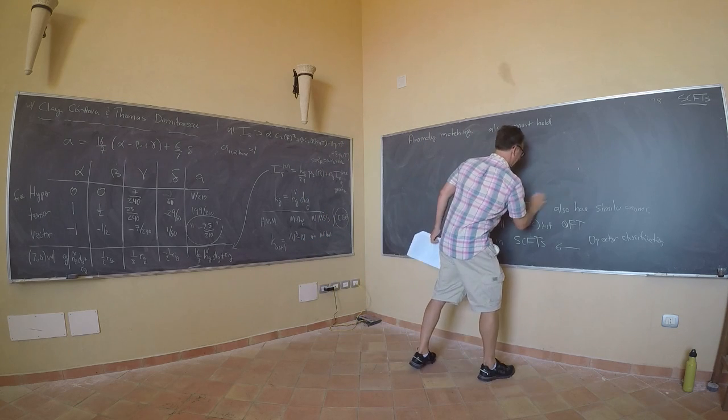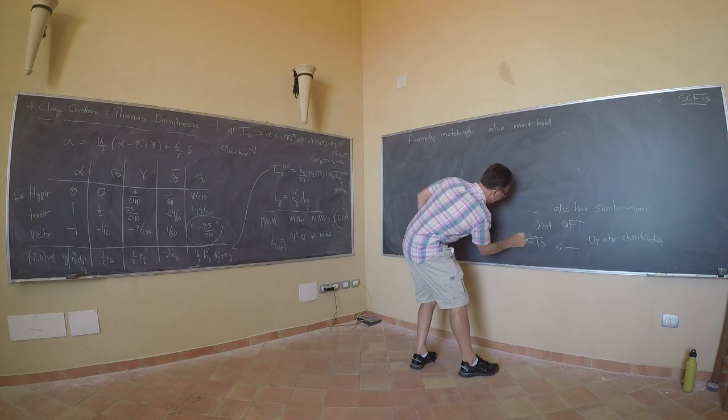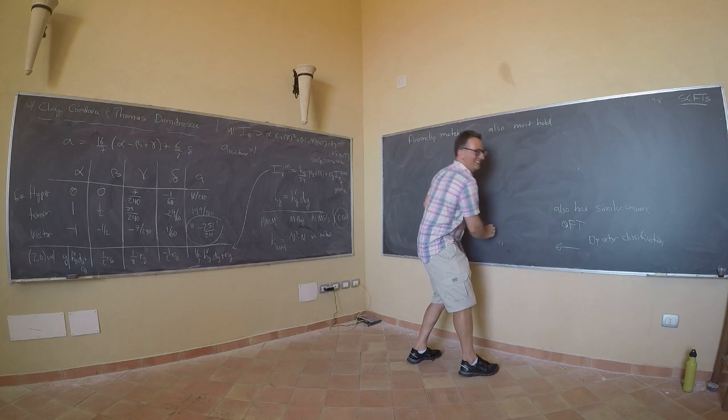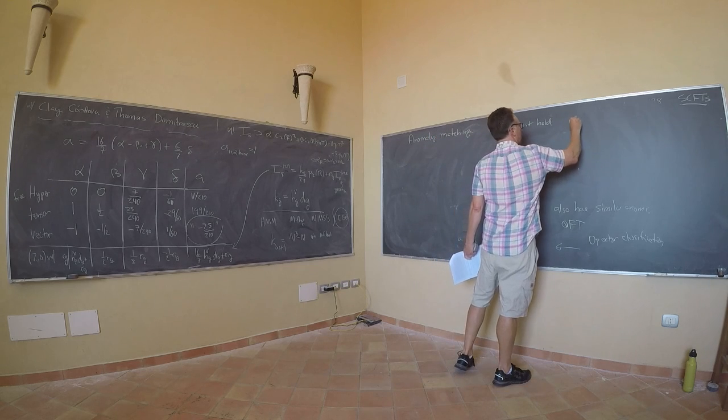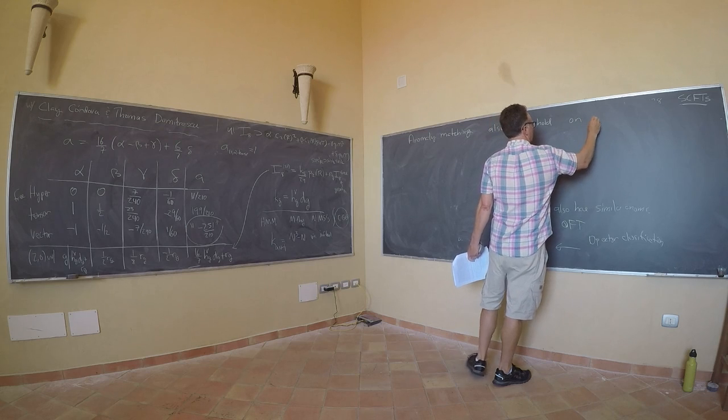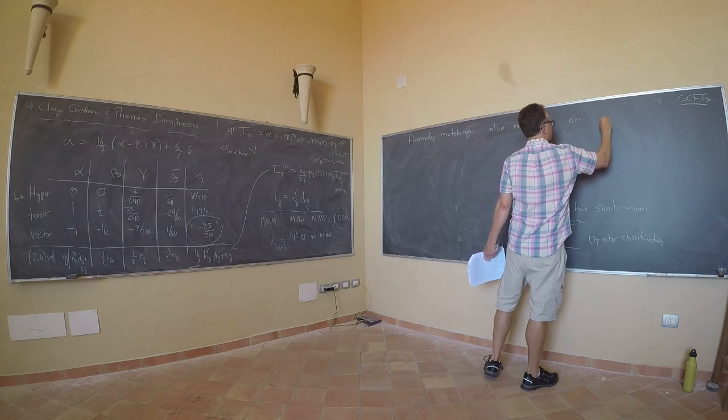No, otherwise, there would have been no Witten paper to build on. Yeah. And anomaly matching also must hold on the moduli, well, everywhere on the moduli space.